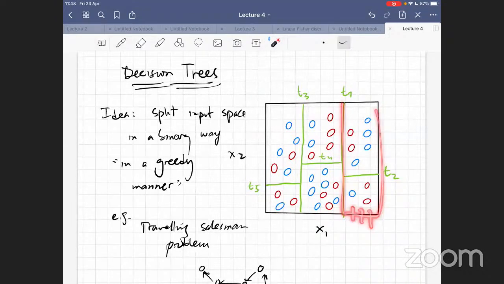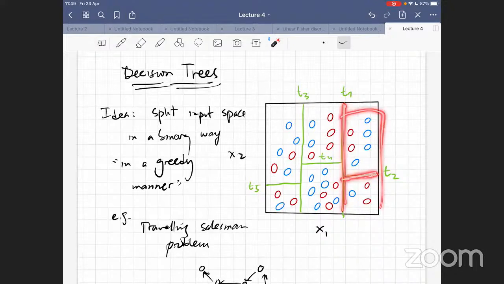I evaluate the splits in all these possible points of the grid, and imagine it turns out that the best split was this one. By doing this and evaluating purity here and here, I have reached some level of purity that I have predefined before. Let's say that I am stopping when more than, I don't know, 80% of the points have one class over the other. Then I am stopping here.